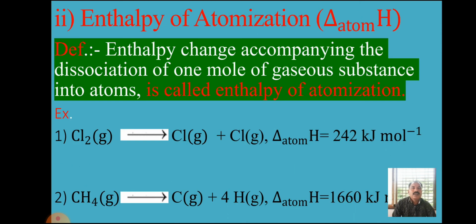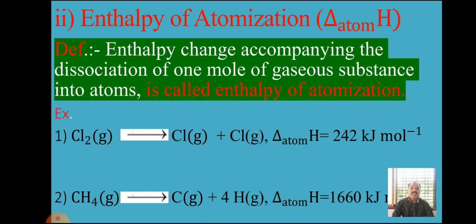Number two, enthalpy of atomization. It is denoted by delta atom capital H. The definition of enthalpy of atomization is the enthalpy change accompanying the dissociation of 1 mole of a gaseous substance into gaseous atoms.